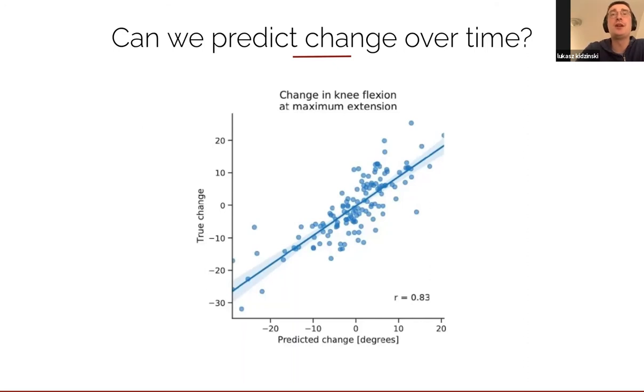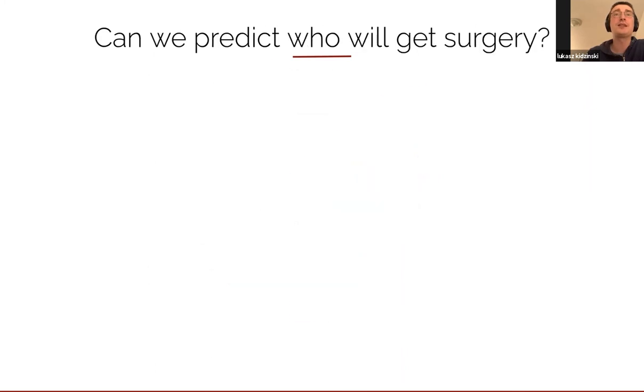For that we were looking at all pairs of visits at time point t and t+1, and we wanted to predict the change in the knee flexion parameter, and we again get 0.83 correlation, slightly more than previously actually. So that makes it reliable for these longitudinal studies.